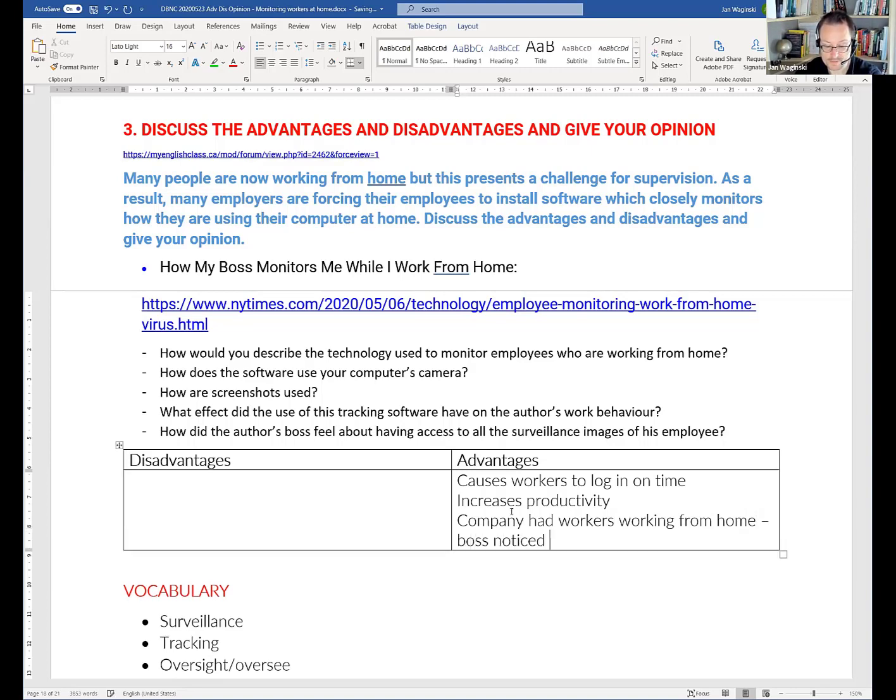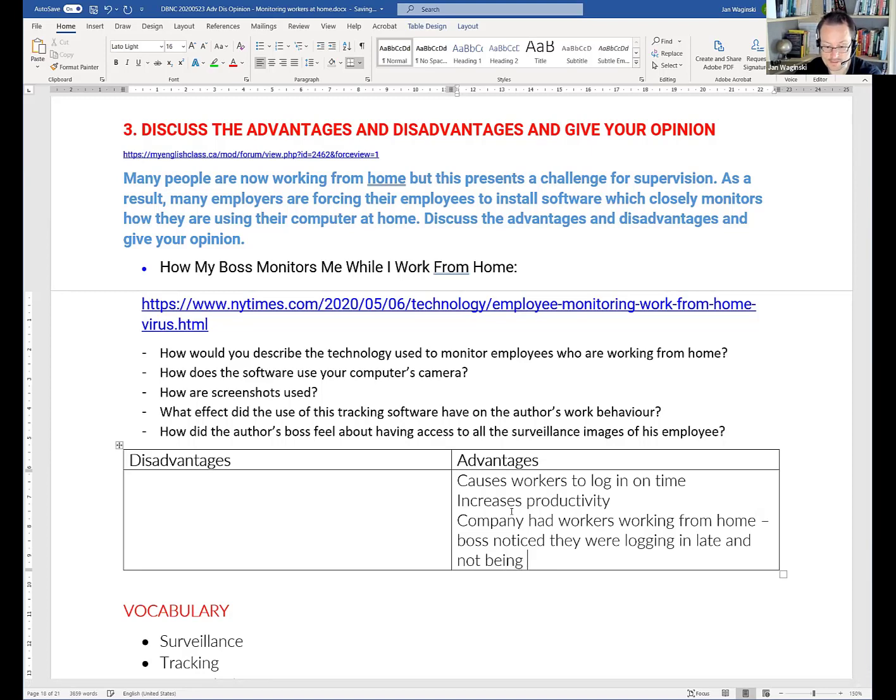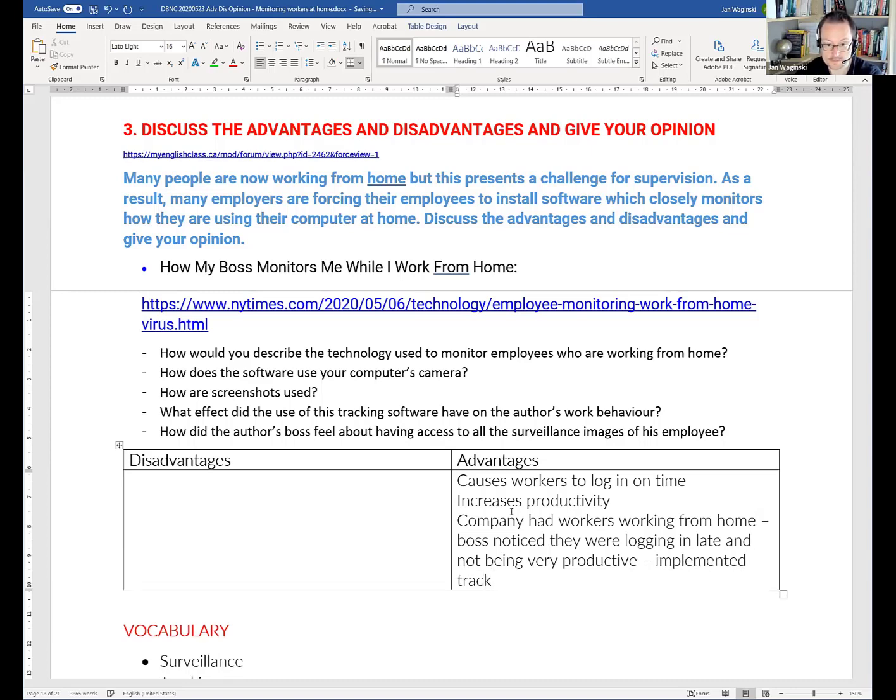The boss noticed they were logging in late and not being very productive. Implemented productivity tracking technology, and what happened?